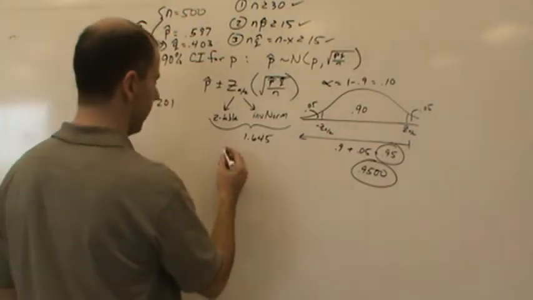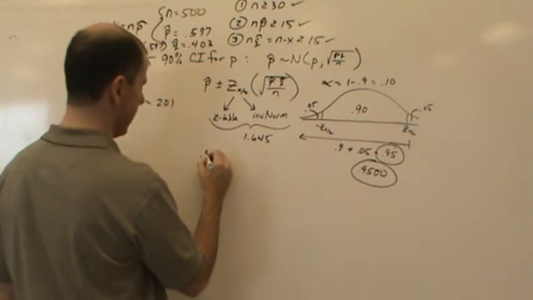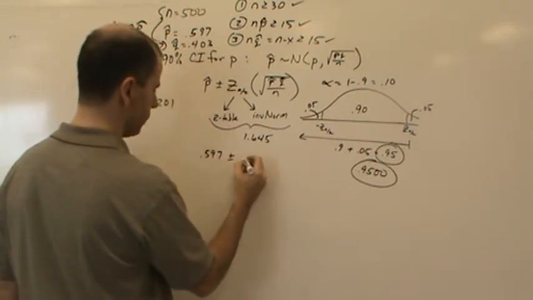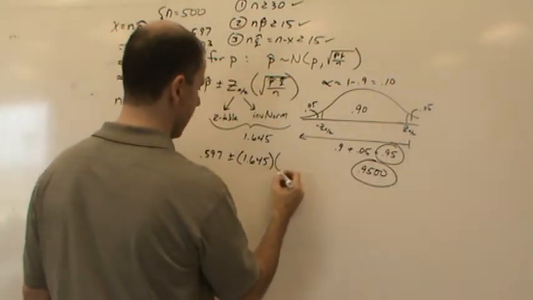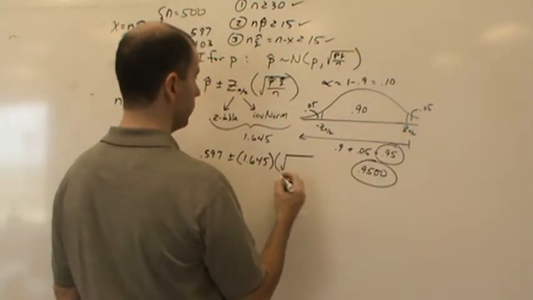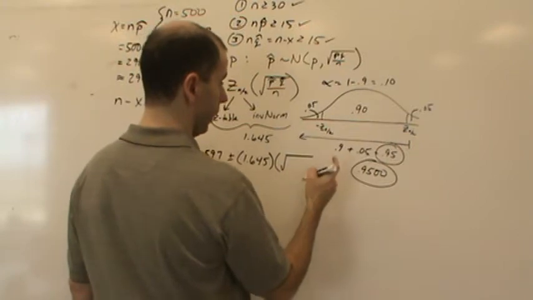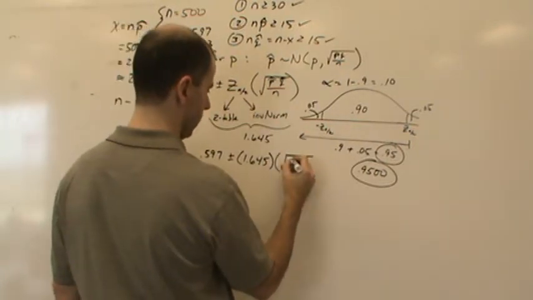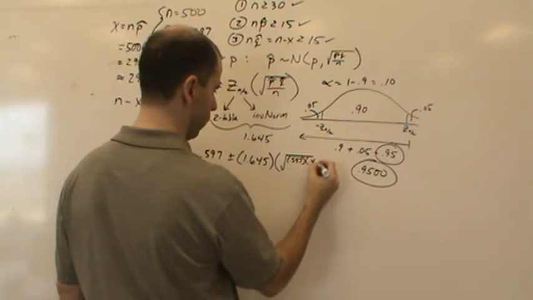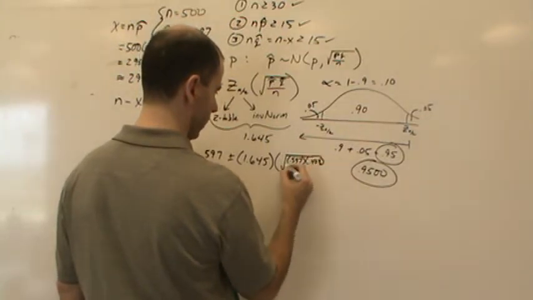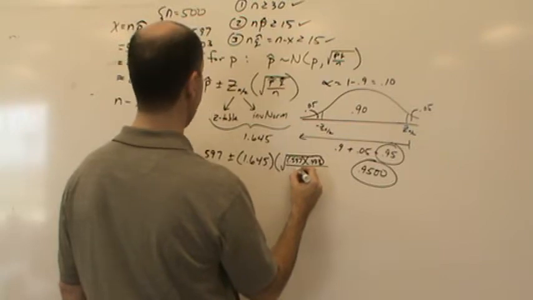Let's plug and chug. So it's going to be 0.597 plus or minus 1.645 times the square root of what? It's going to be 0.597 times 0.403 over 500.